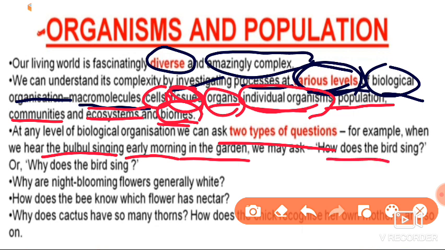This is the first question. And the second one, why does the bird sing? These two are different questions and they will get different answers.